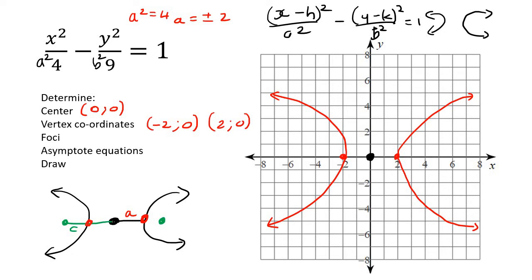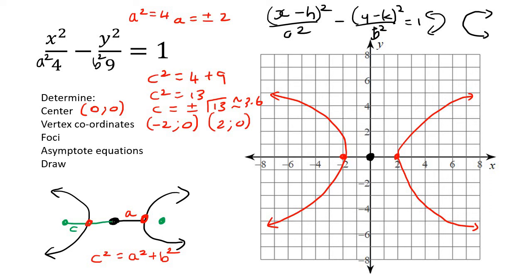To find the foci, you need to find the length of c. To find c, we use the formula c squared is equal to a squared plus b squared. So c squared would be equal to 4 plus 9, so c squared is 13. So c would be plus or minus the square root of 13, which is approximately 3.6.